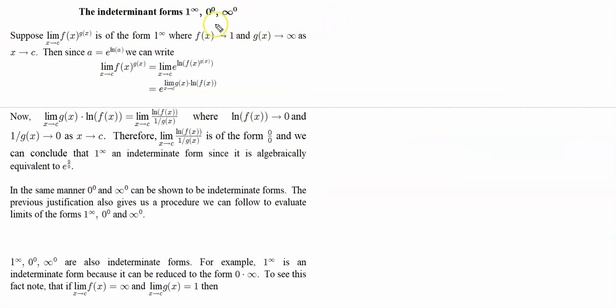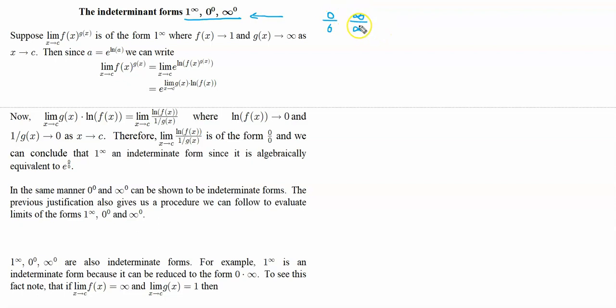Now let's take a look at the indeterminate forms 1 to the infinity power, 0 to the 0, and infinity to the 0. Now these three forms are in fact indeterminate forms, because when you encounter limits of these forms, you can show through some algebraic manipulation that you can change your limit into a limit that has the form 0 over 0 or infinity over infinity.